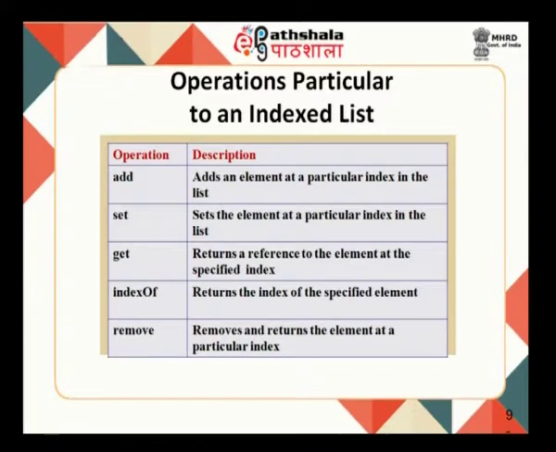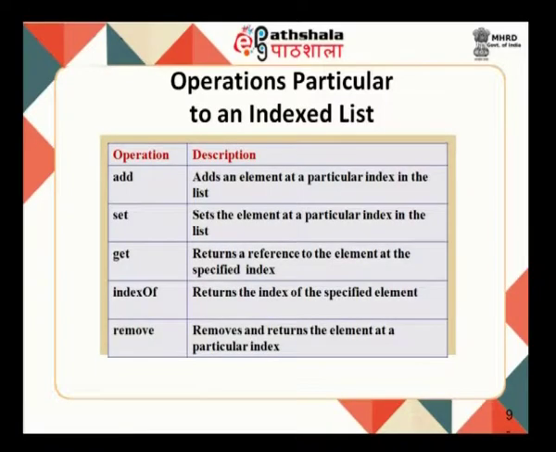In effect, you should have a library of ADTs defined, and the user of the application should pick the ADTs depending on the preconditions and the postconditions. So, for example, in one particular case you can have add, set and remove alone, and you need not have get or index of. It is not that just because I have an index list, I should have all the operations associated with the index list in the ADT list, that is not specified at all. What we need is only the operations that we want to define on this index list.